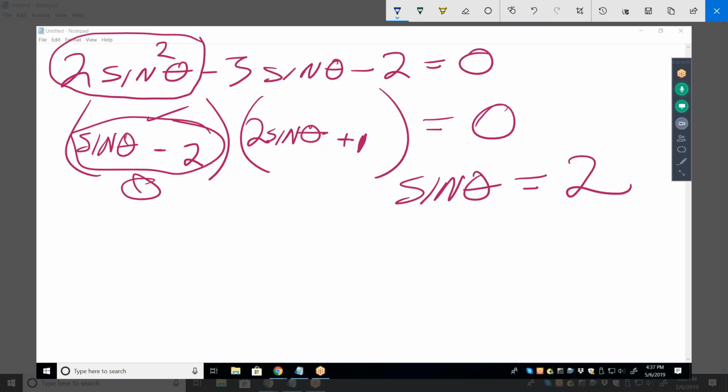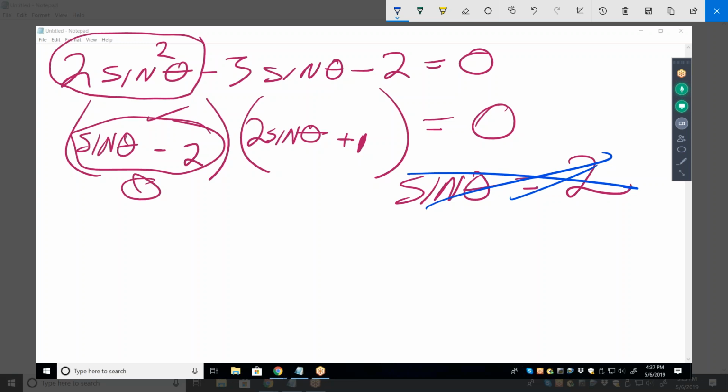Possible or not possible? Not possible. Then that's not a solution. Remember, algebra says when you multiply two things together, one of them has to be 0. Nobody said that both of them have to be 0. And this cannot ever be 0. That's impossible for the theta to even be 2.